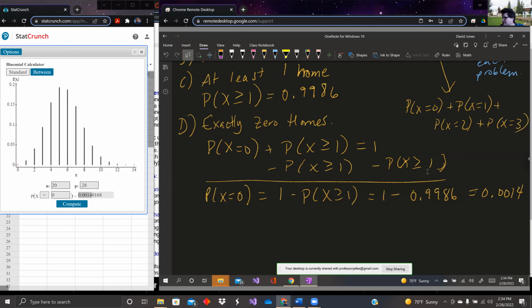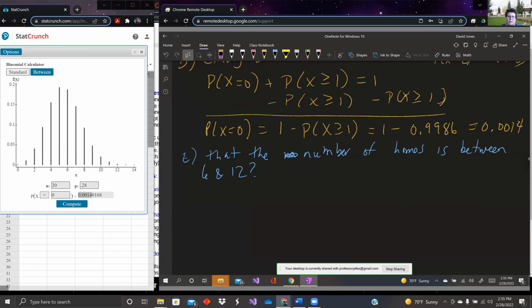They could also ask something like this. What's the probability that the number of homes is between 6 and 12? Well, between 6 and 12 doesn't actually say include 6 and 12.